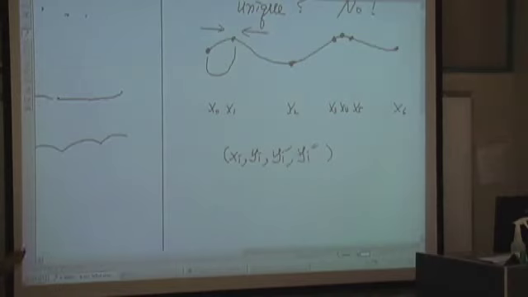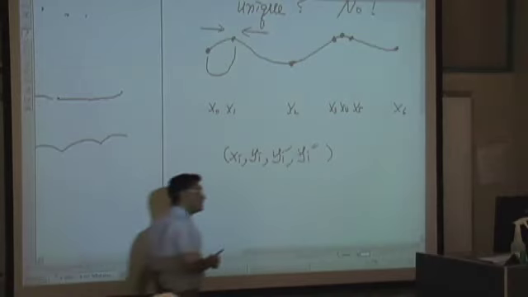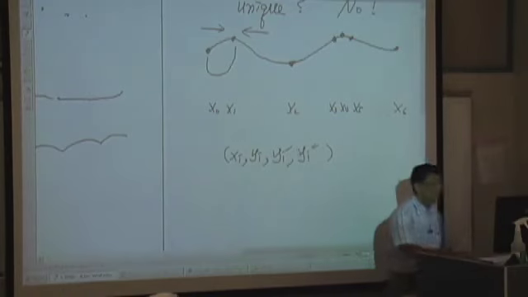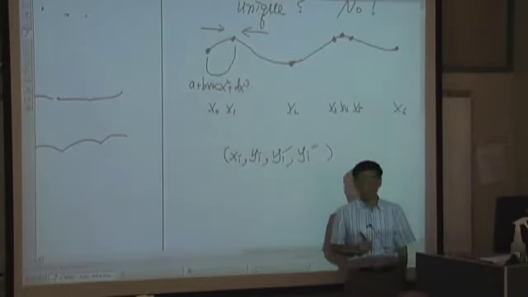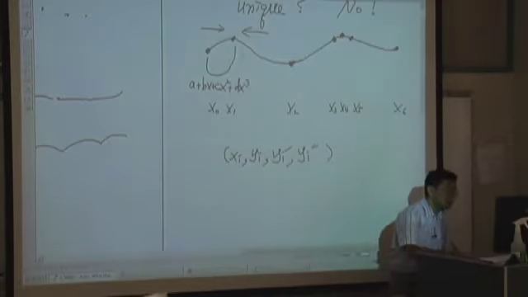Then, what things should we handle? Assume that we find a cubic polynomial here, and the cubic polynomial in this interval has this form, and the cubic polynomial in the next interval may have this form.